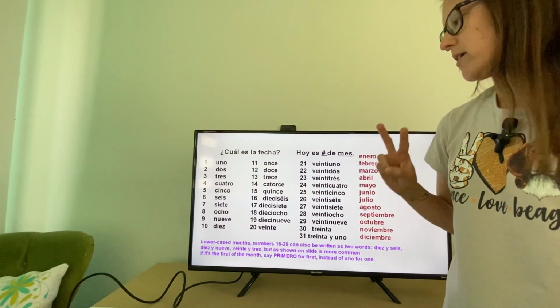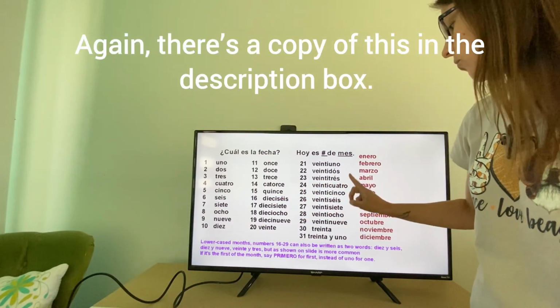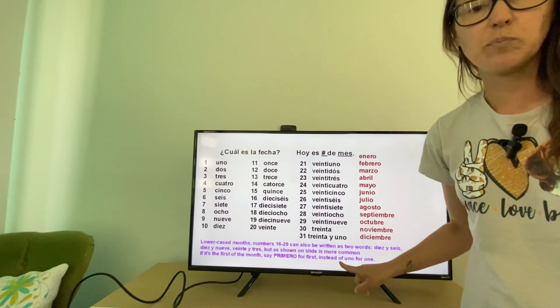And there are 2 ways to write the numbers 16 through 29. You can read that in the purple below.